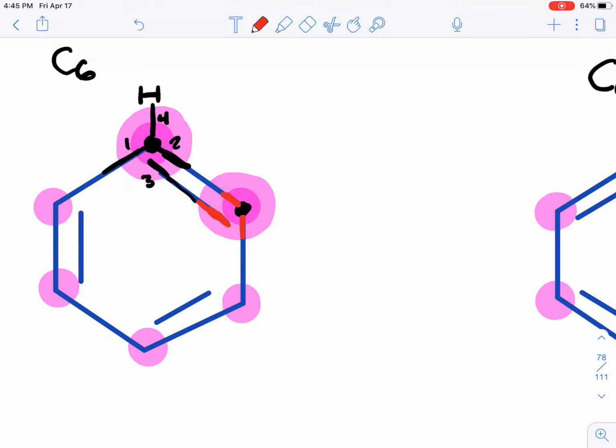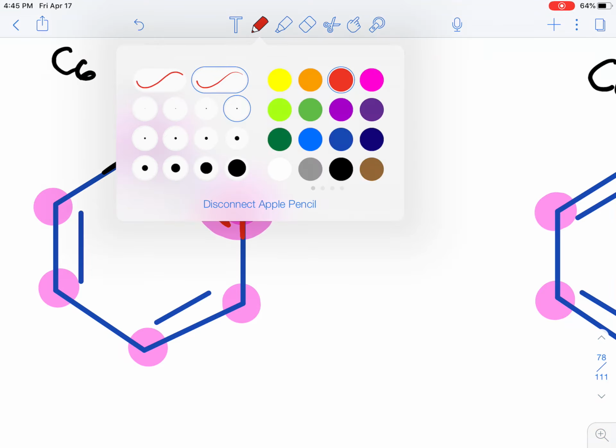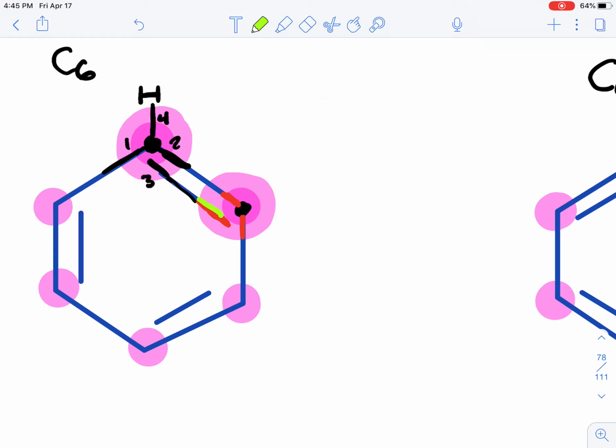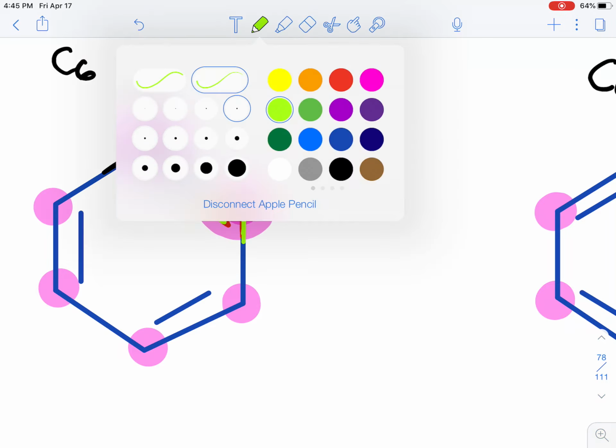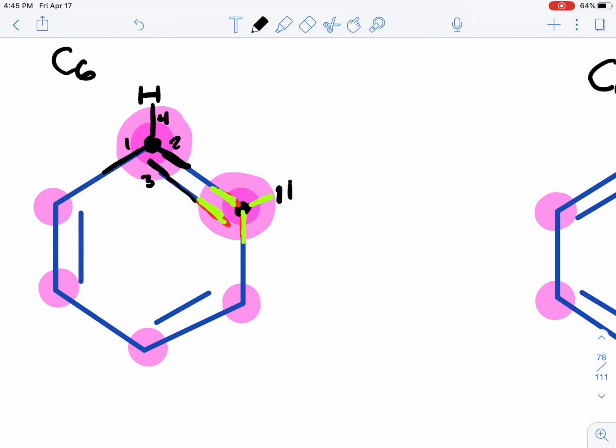Maybe red is not so good. Let's do green. Okay, so 1, 2, 3. And since there's 3 bonds, and since this carbon needs another bond, that bond is going to belong to hydrogen.